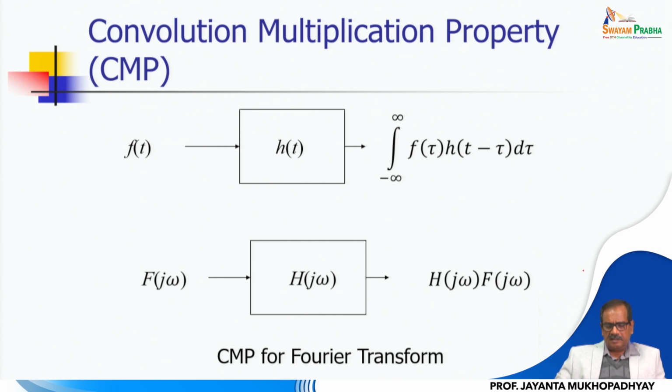So, once again, let us revisit this concept. You know that the convolution operation in the continuous domain can be represented by the integral of f of tau h of t minus tau d tau over the whole domain.